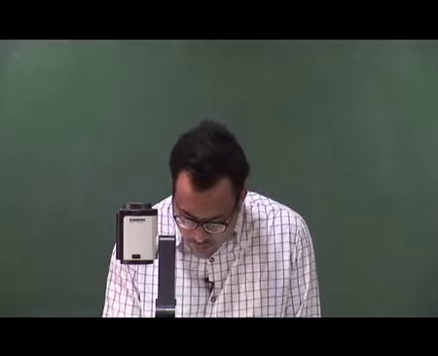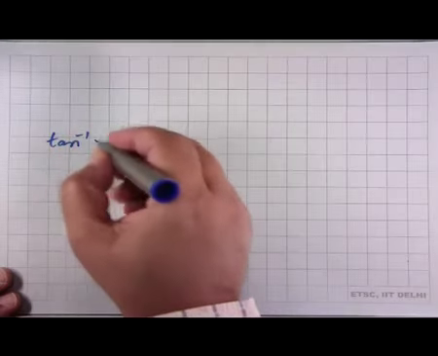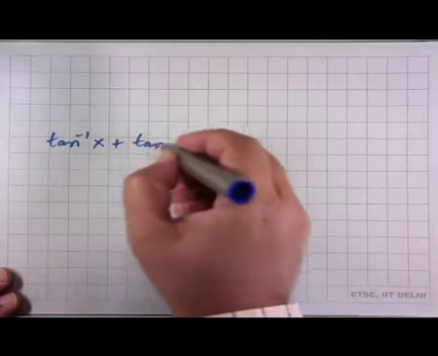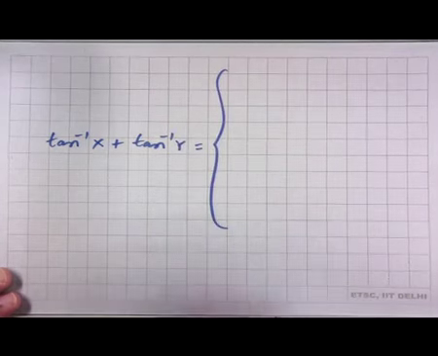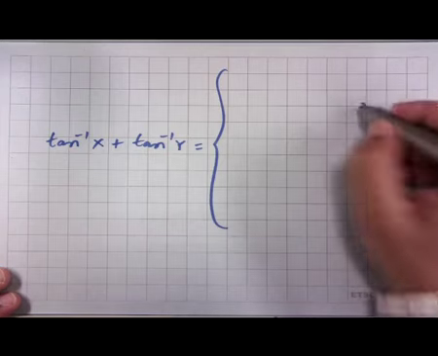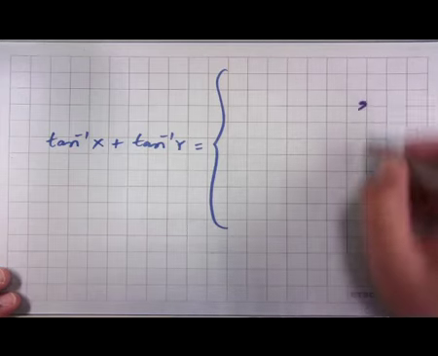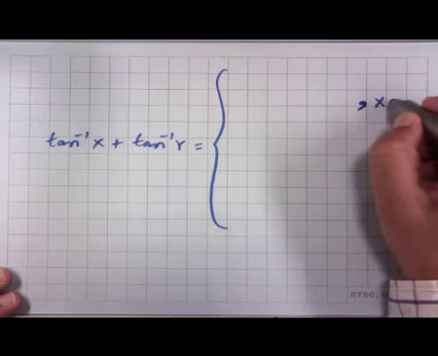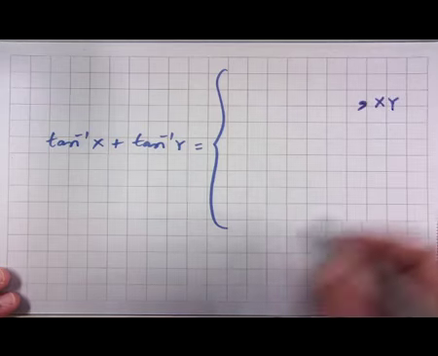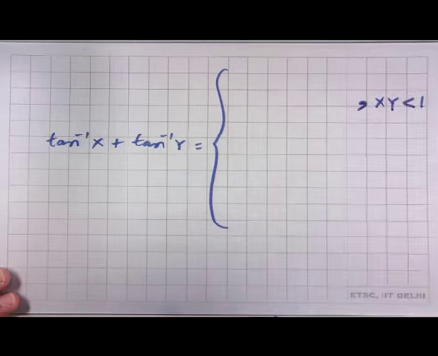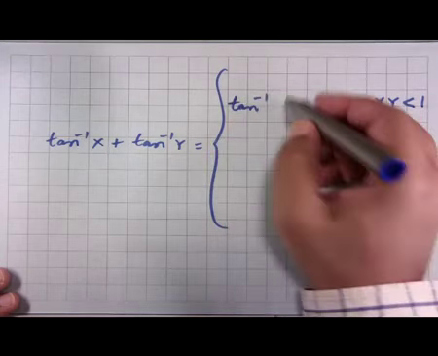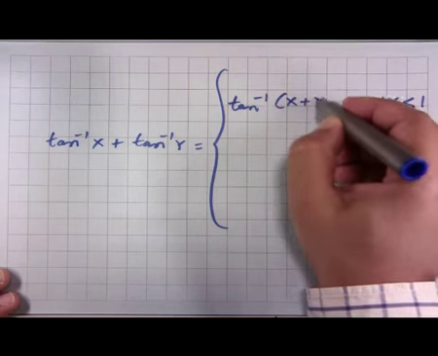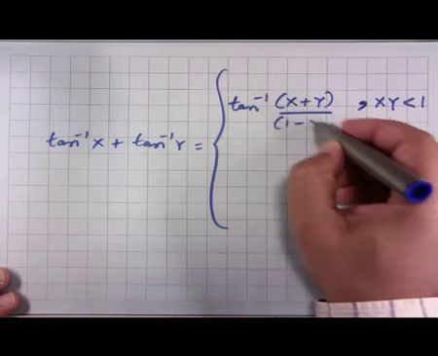To be precise, it is given by, there are three cases. The first case is if the product of x and y is less than 1. In that case this is equal to tan inverse of x plus y over 1 minus xy.